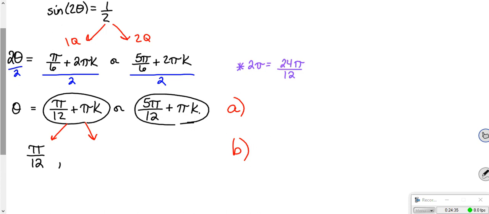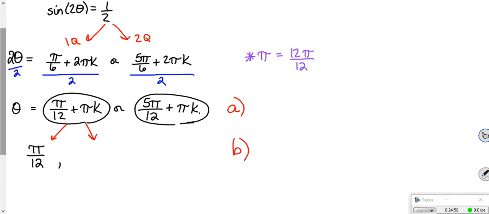So this would be, oh, sorry, this is just pi k, not 2 pi. Sorry, I forgot when we divided by 2. So just pi is going to be 12 pi over 12. I apologize.